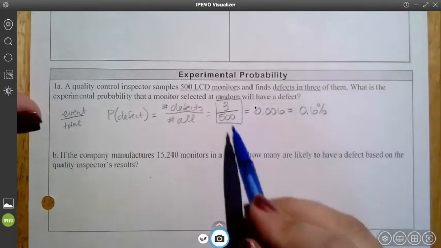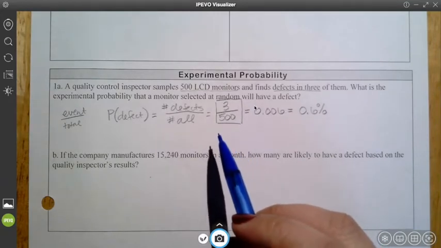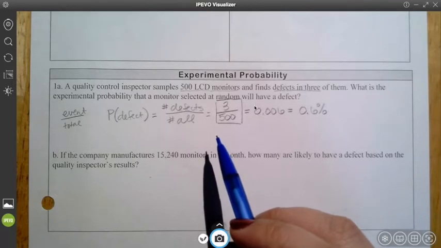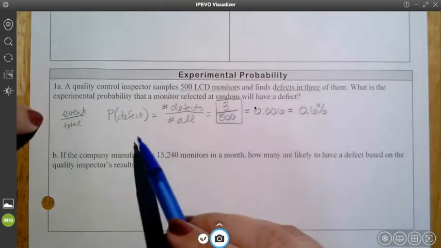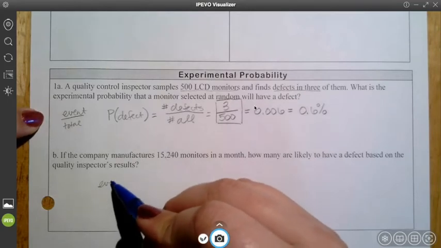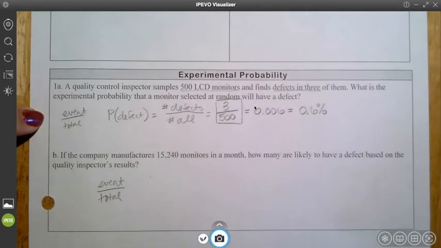So we're using that probability to find out about a much larger sample size. And the way we do this is we still set up the fraction the same way. It's events over total, but we would expect the probability to be the same because it was the same manufacturing process for all of these monitors.